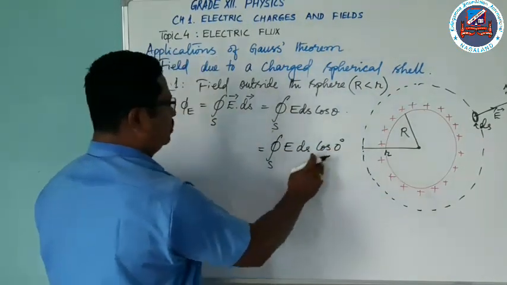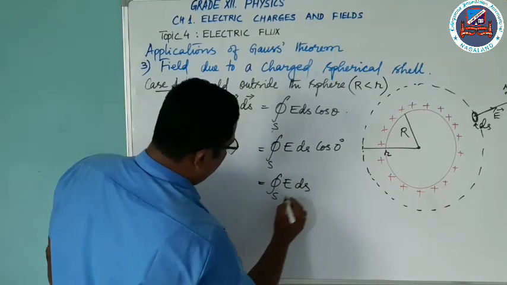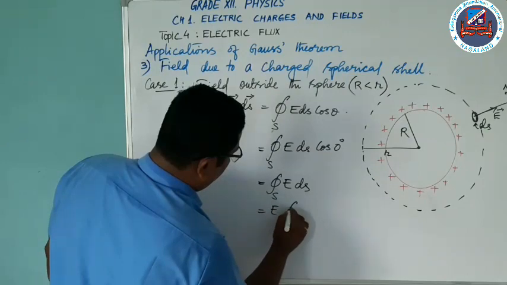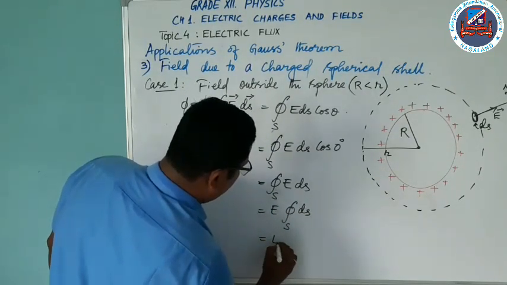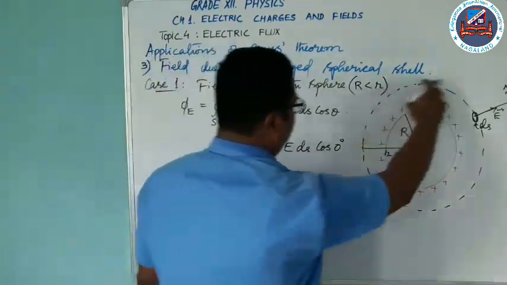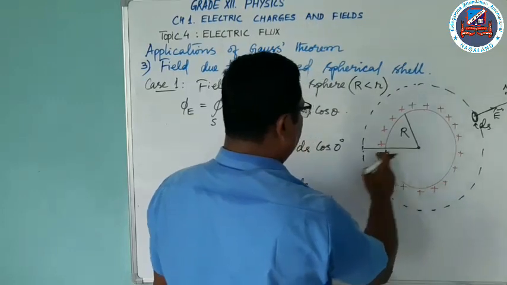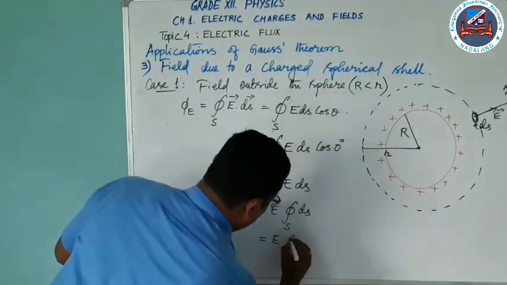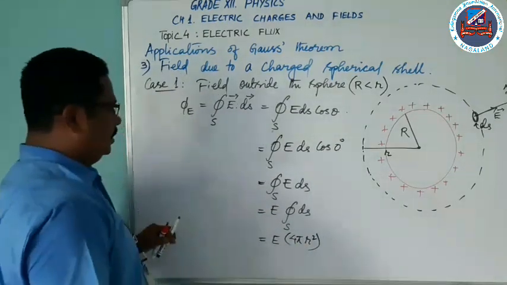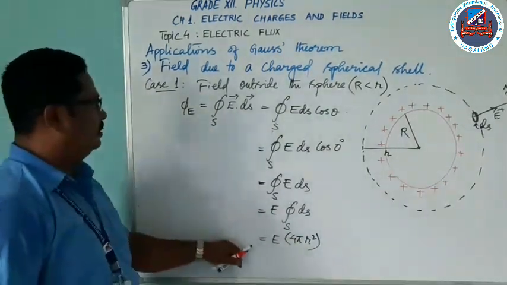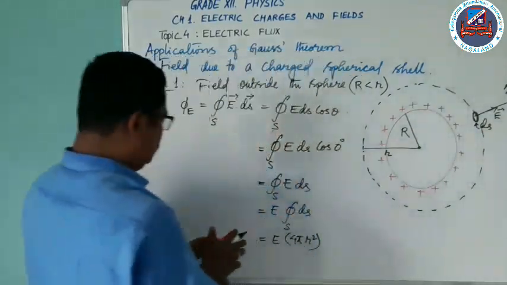Cos 0 degree is equal to 1, so you get E ds. Then E you can take it out, surface integration of ds, when you say the surface area of the sphere with radius small r, so it will be 4 pi r squared. Your mensuration formula you can use. This is the net flux outside the sphere.